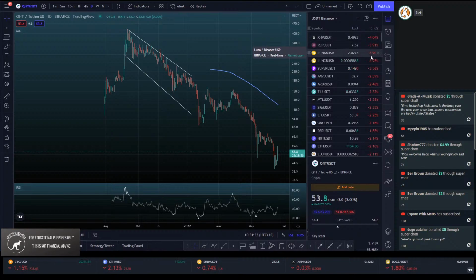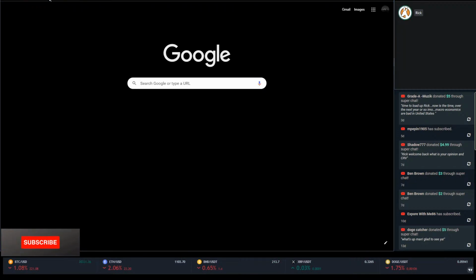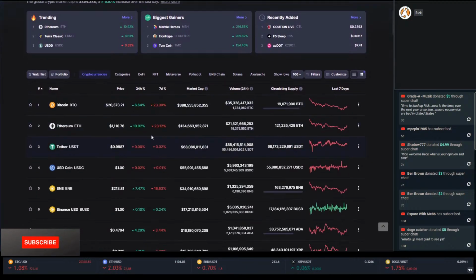This is the daily change. I might go and see if I go to CoinMarketCap, it'd be cool to get a year-to-date drop, or a drop from all-time high.